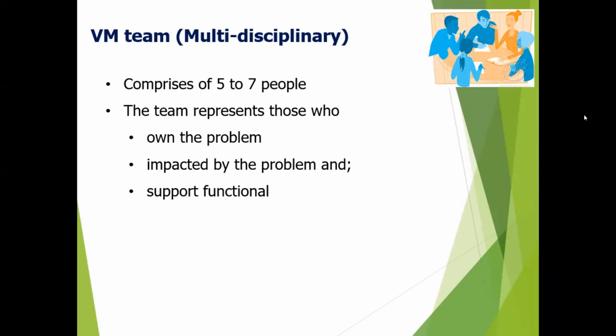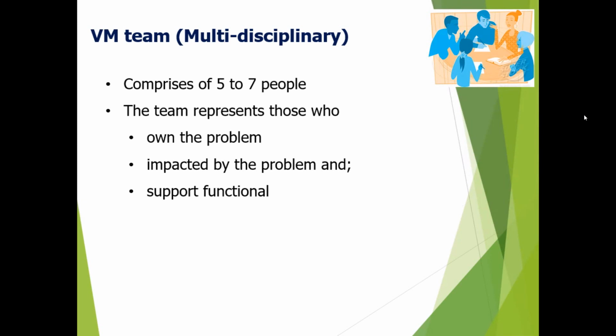So in identifying the people, whom should you have in the team, right? Often you can use a basis to choose the parties based on these three. One is who owns the problem, right?